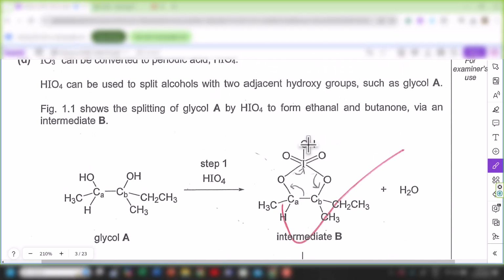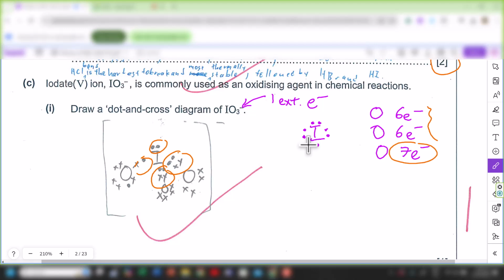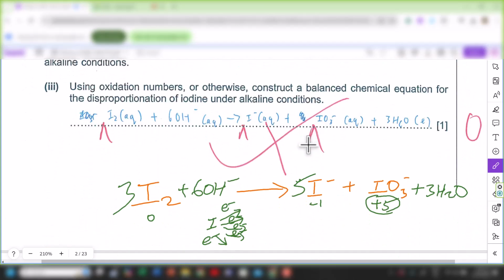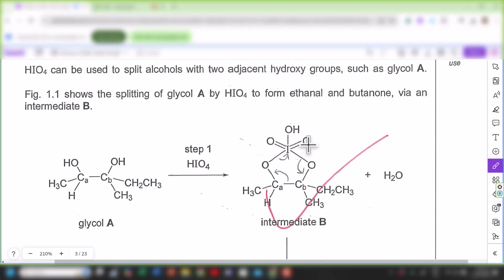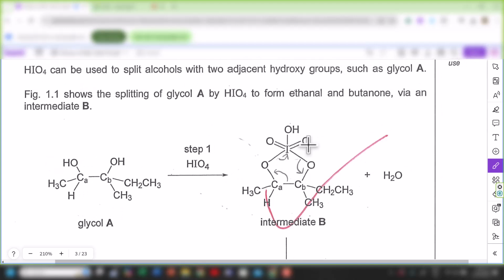What is the structure of C part 1? I don't know whether you recognize that. Based on IO3 minus, I can draw my structure here: double bond O, and then OH, like that.